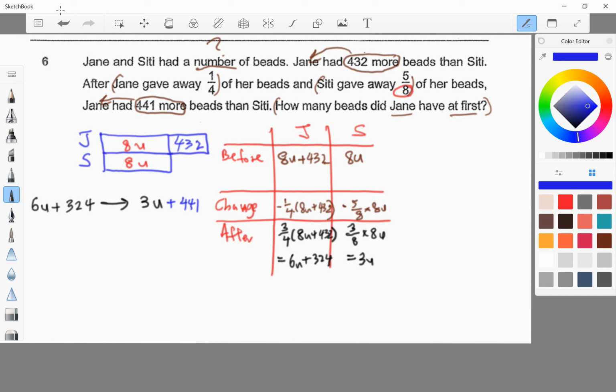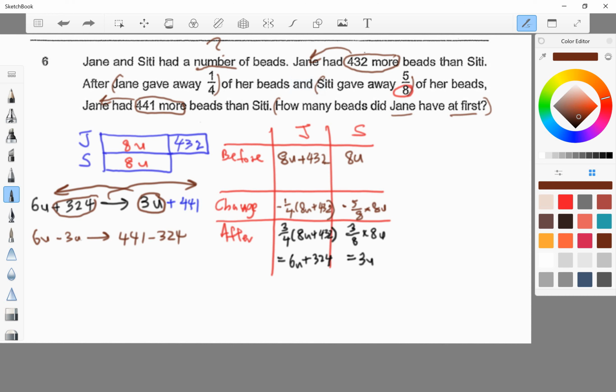So I'm going to move the 3 units over to the other side. And likewise, I will move 324 over. Okay, so when I'm doing this, I'll have 6 units minus away 3 units to be the same as 441 minus 324.